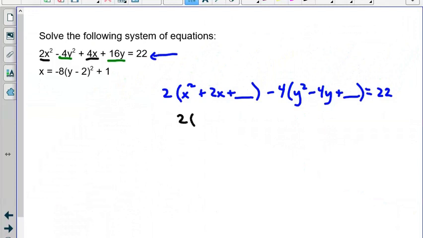So 2, we divide 2x, the 2 gets divided by 2, so it's (x + 1)², and 1 squared is 1. Now remember that that 1 is getting multiplied by 2, so that means that when we add a number to the other side to keep it balanced, we're adding 2, we're not adding just 1.